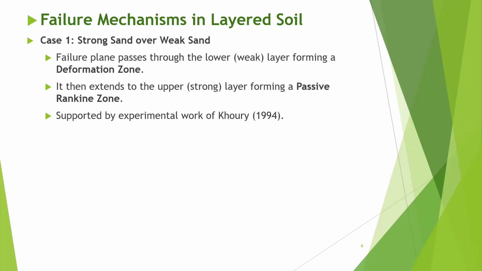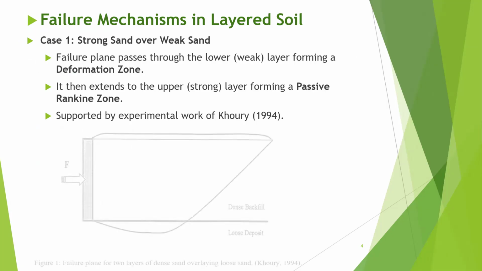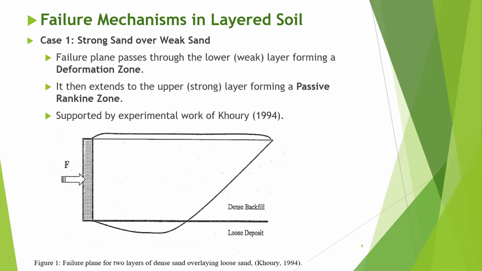Failure mechanism in layered soil. We have two cases. Case 1, strong sand over weak sand. The failure plane passes through the lower weak layer, as we see in figure 1, forming a deformation zone.